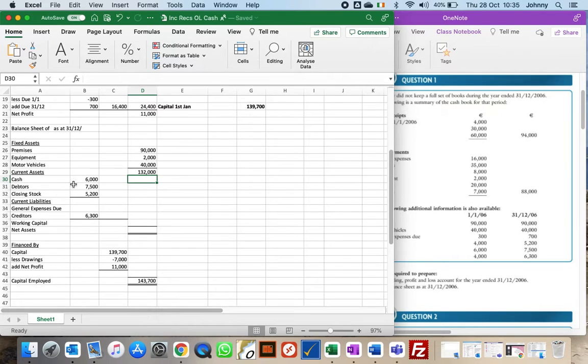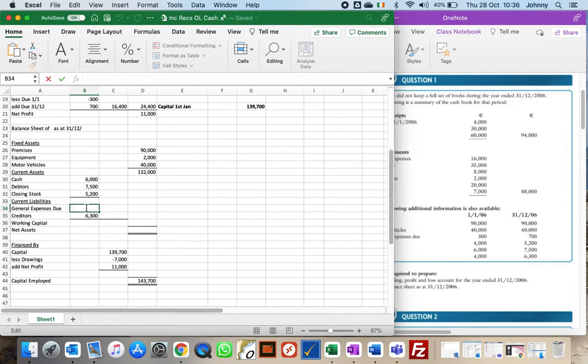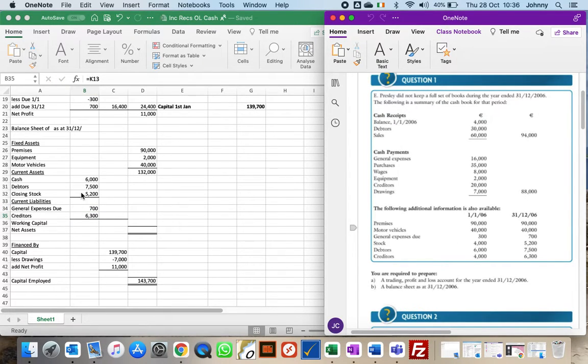Now, my current assets, just quickly checking, is there anything else here that could be a current asset? So general expenses due, put that in there, that's a current liability. Stock 5.2, I've put that in as I was going along. Debtors 7.5, I put that in when I was doing my control account. Creditors 6.3, I've put that in when I was doing my current liabilities.